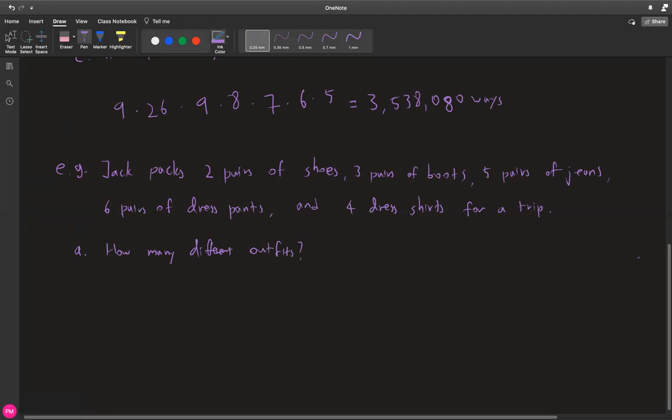So in this case, let's look at it this way. Let's look at the footwear. And we also have jeans, so let's say the pants, or you can say just bottom.